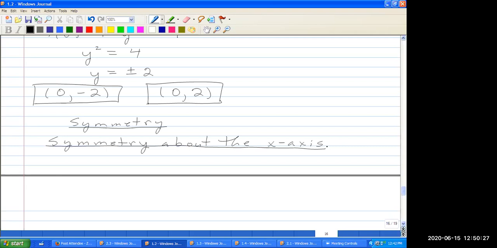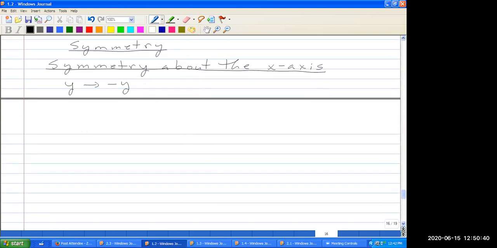So to test if something is symmetric about the x-axis, you would just replace y by -y and see if the equation is still the same equation. And so I have 4x squared plus y squared equals 4. Let's square this, so I get 4x squared plus y squared equals 4. And so yes, it's the same equation. So yes, it is symmetric about the x-axis.